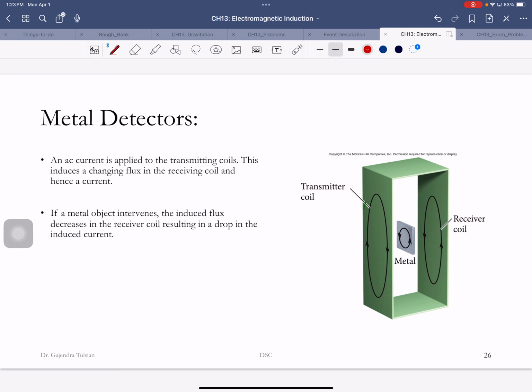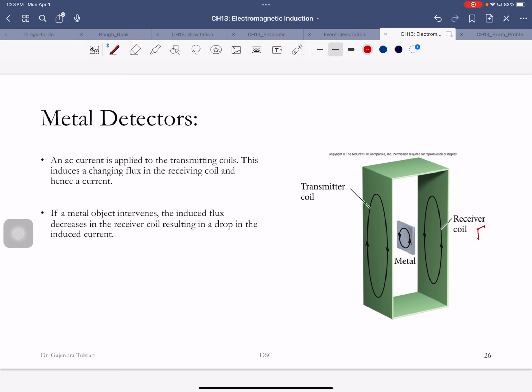Wouldn't the metal have to be inside the metal detector? How does it work if you have just a metal detector on a stick with a plate on the coils outside? This is how the airport metal detector works, between a transmitting coil and a receiving coil.